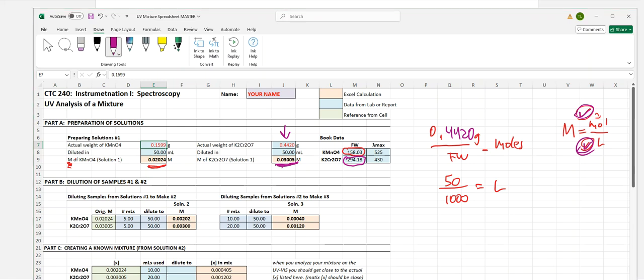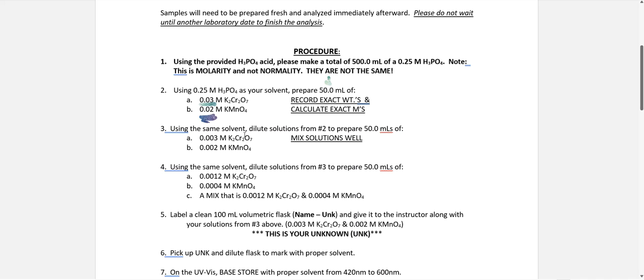So in the next step, it says, using the same solvent, dilute those solutions, number 2, to make 50 mils of the following. So this is where you had to come over to the side and be like, well, okay, so C1V1 equals C2V2. And it looks like I am starting with my initial concentration of 0.02 if I want to do the manganese first.